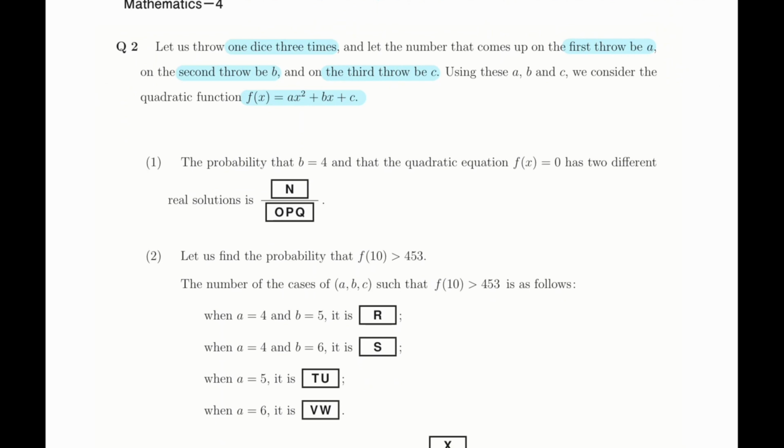So the number that comes up from our dice is the coefficient of this quadratic function.